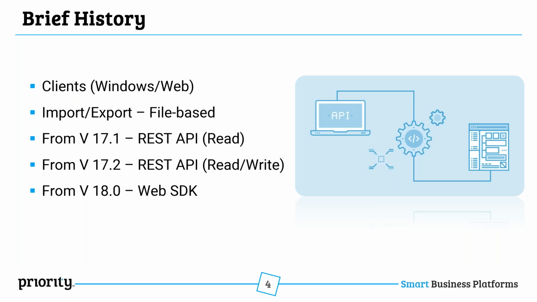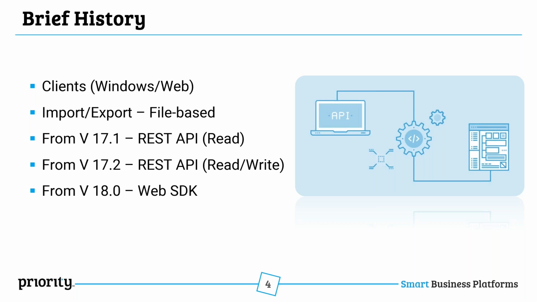Let's start talking about Priority REST API. First, I want to give a brief history about Priority. Until version 17.1, we had two main types of interfaces: the old client-server interface, the Windows client, and the web client, working using browsers over the net.